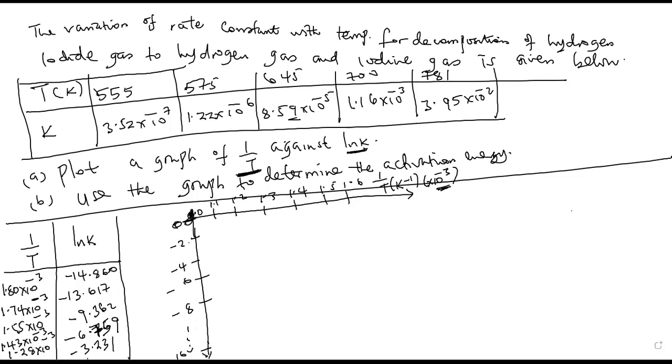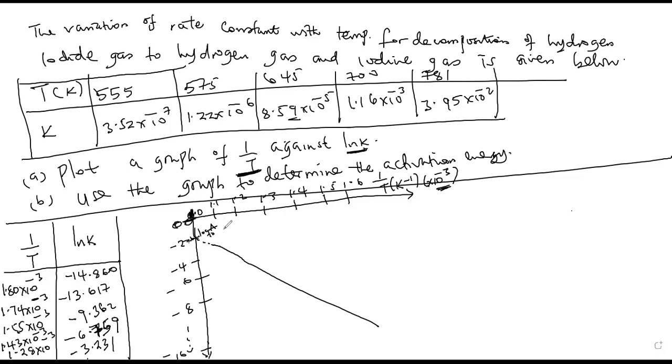So on plotting, you're going to find your graph like this. If they needed the Arrhenius factor, you would extrapolate, and say that here is log 10 of A, but they don't need it.